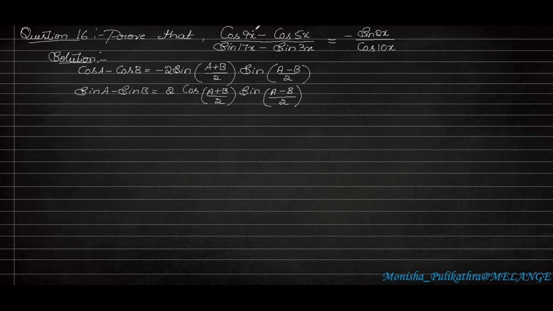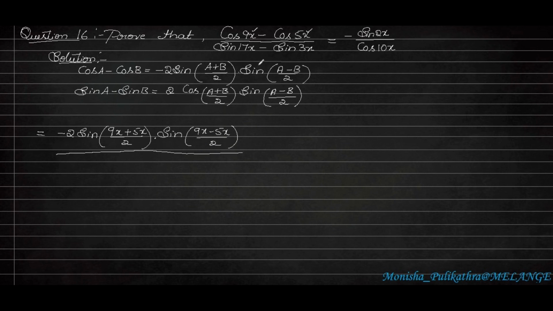So A is equal to 9x and B is equal to 5x. So numerator I will be arranging in the form of the first formula. So cos A minus cos B is equal to minus 2 sin (A plus B) by 2. So 9x plus 5x divided by 2 into sin (A minus B) by 2, that is 9x minus 5x divided by 2. So this is the thing we need to remember. So next is denominator.